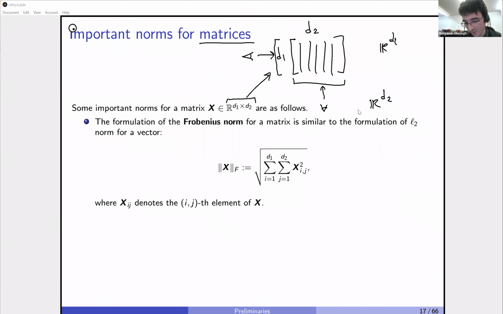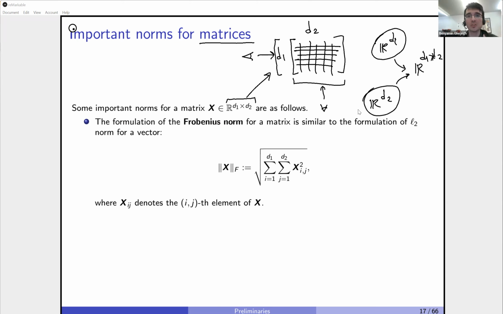So you have two Euclidean spaces, one of D1 and one of D2. Now you have an outer product. Don't worry about the outer product, but it combines these two spaces into a new space, R D1 by D2. It means a matrix with D1 rows and D2 columns.